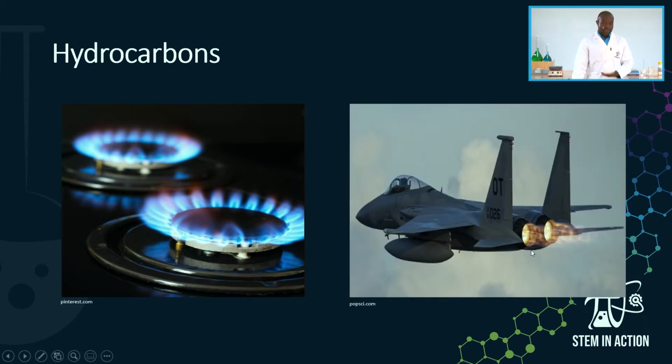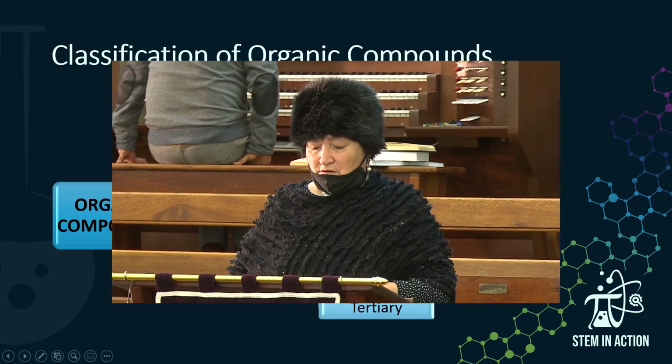We also use them to fuel things such as, this is a jet, and our petrols and diesels for our vehicles. For example, jet fuel contains hydrocarbons with 8 carbons to about 16 carbons. It's a mix of various hydrocarbons from as small as 8 carbons to ones with 16 carbons. So most hydrocarbons find their uses as fuels.